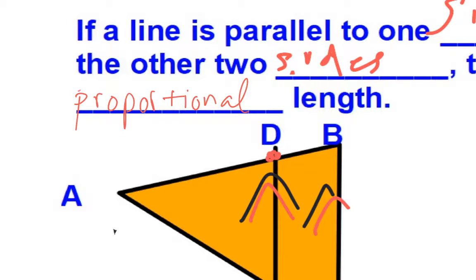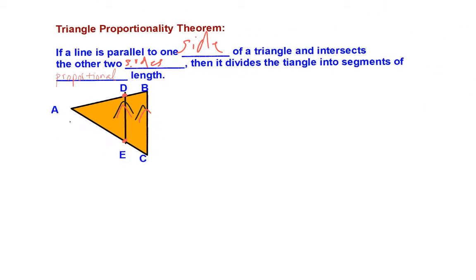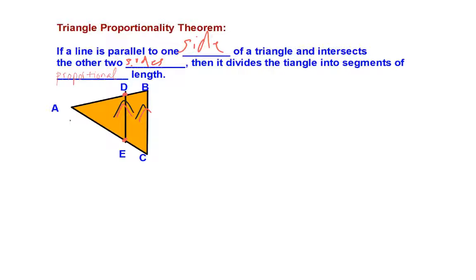Which means we're going to get proportions, which means two fractions equal to each other again. So here we go. What this means is that AE over, give me another segment. I picked AE. You give me another segment. AE over what? AD. Okay.